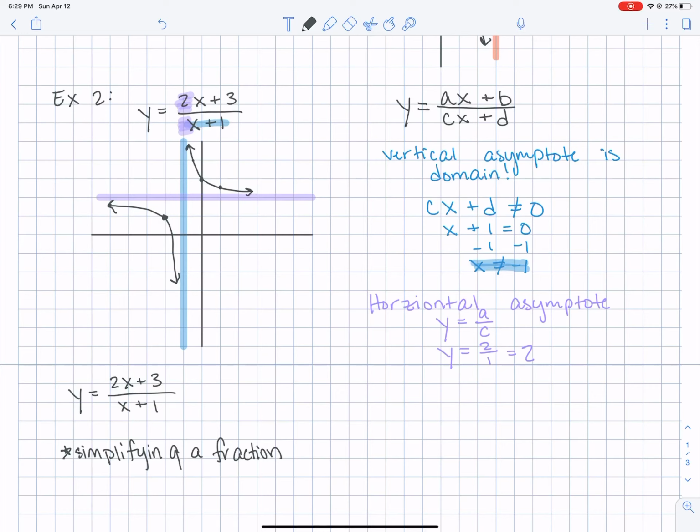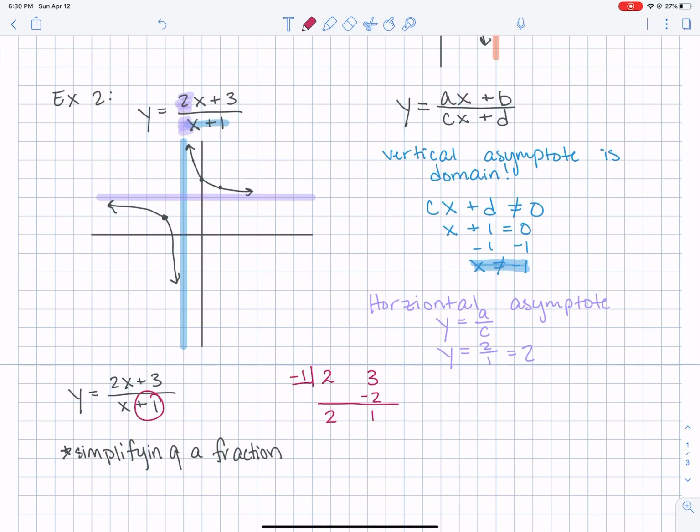So I'm going to use synthetic division for this one. And I'm going to take this number right here. So this ends up being a negative 1. And I have a 2 and a 3. I'm going to bring down my first term, 2, times negative 1 is a negative 2. And then I have 1 as a remainder.